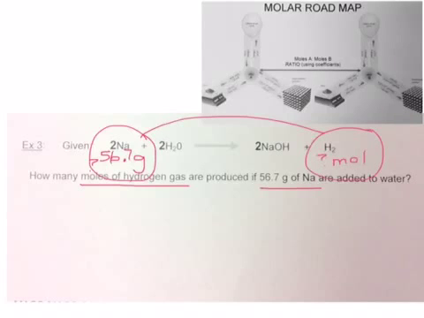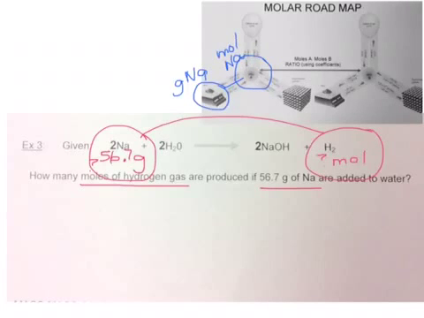So in my brain, I'm saying I'm going from sodium to hydrogen. So we're going left to right. So if I wanted to label my molar roadmap up above, I would be starting down here with grams of chemical A. There's my grams of sodium. The only place I can go from there is the middle, which is moles of sodium. And at this point, I have 3 choices.